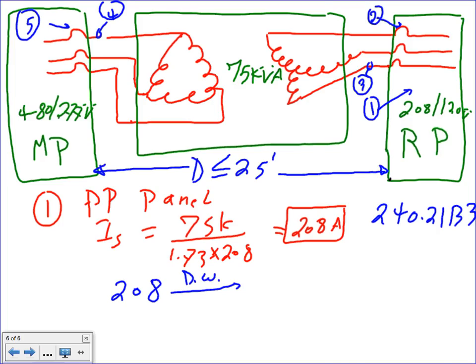Directly to the table, 3-12. What do you get? 225 amp. So my panel size, the actual bus or aluminum size inside this panel, is going to be 225 amp.